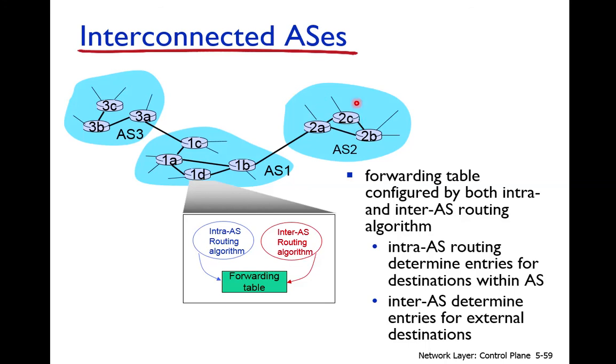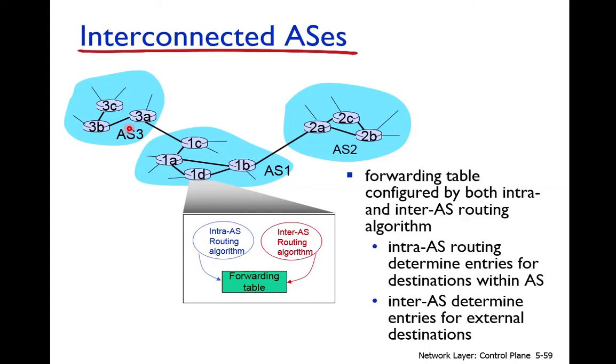This network structure is under the control of autonomous system number 2. Autonomous system number 1 controls this region, the hosts, the routers, the switches, the servers, all the things. This total network is under control of autonomous system number 1, and similarly for autonomous system number 3.